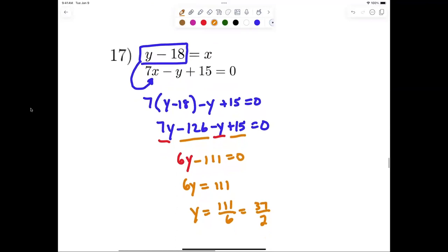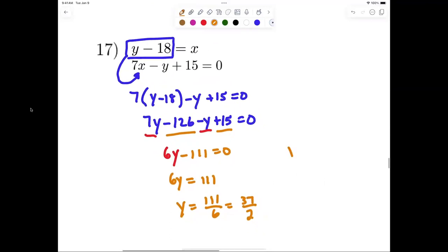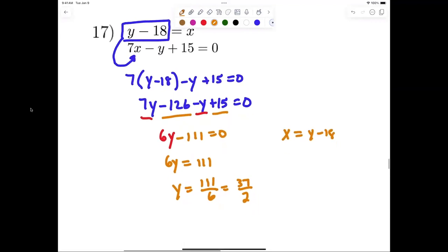All right. So now, once you've established what y is, you knew that x was equal to y minus 18. So now x is equal to 37 halves minus 18.